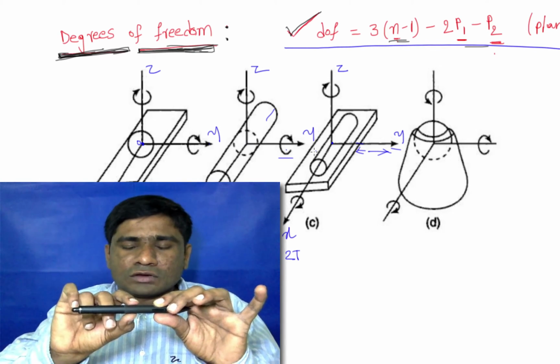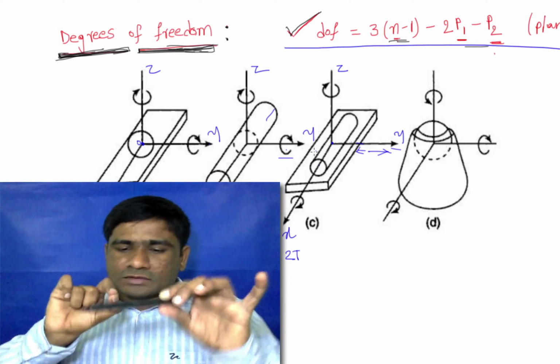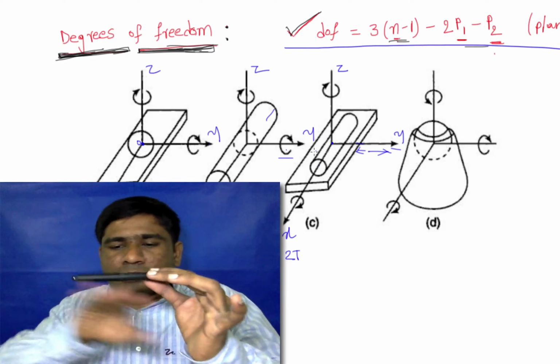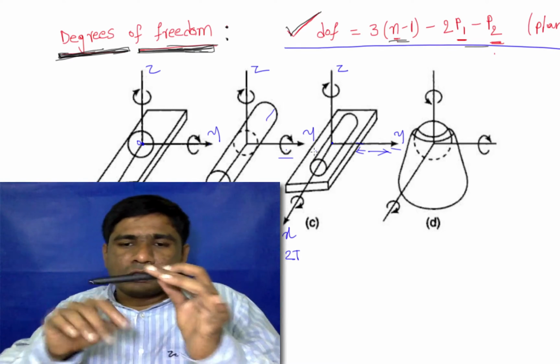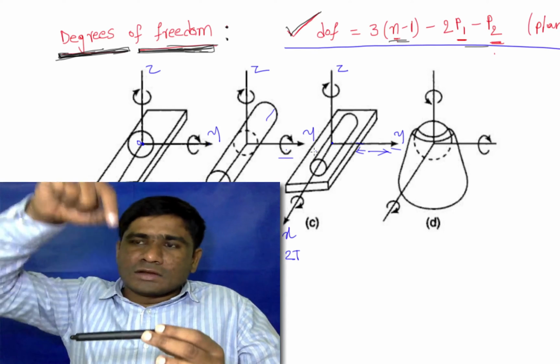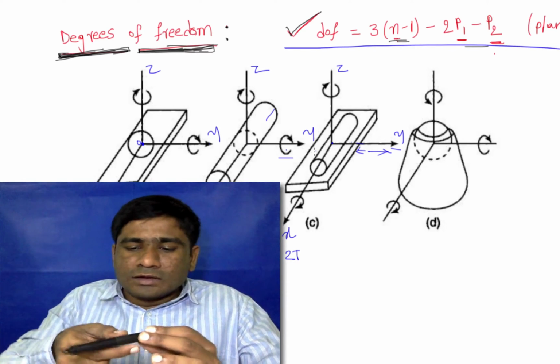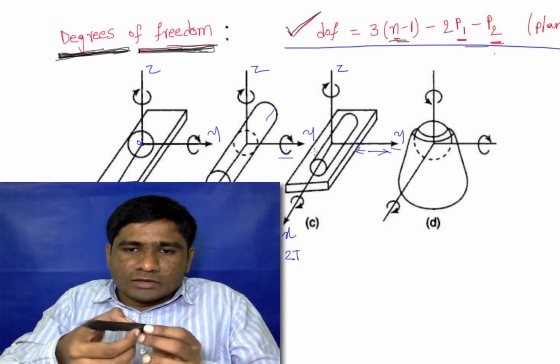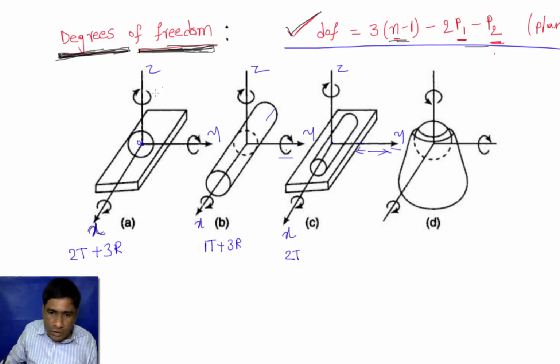No, it cannot rotate, because it would have to rotate like this, but we have a plane here, so the plane is opposing that. And this is the z-axis, and it can rotate like this about the z-axis. So it has only 2 rotations, 2 translations and 2 rotations. So the total degrees of freedom is 4.